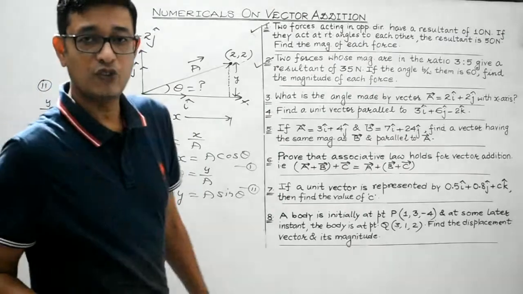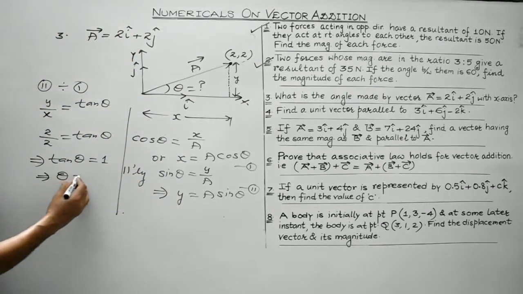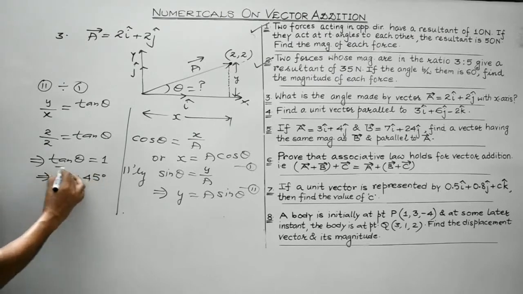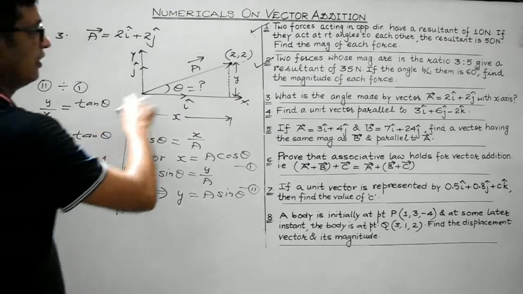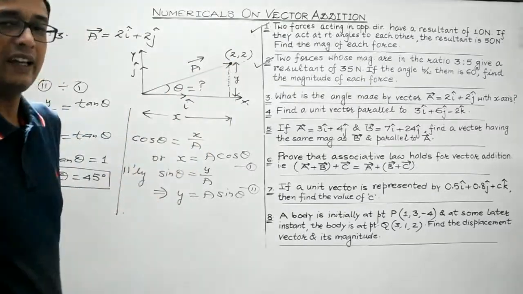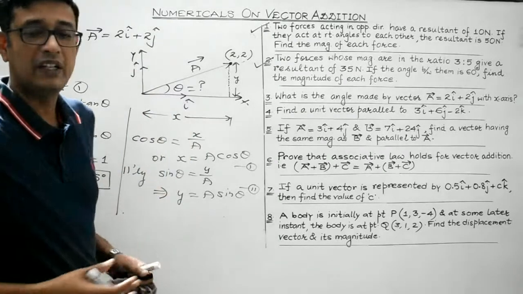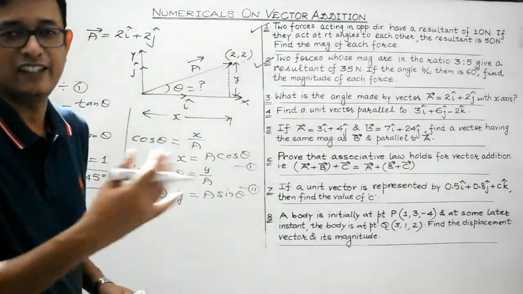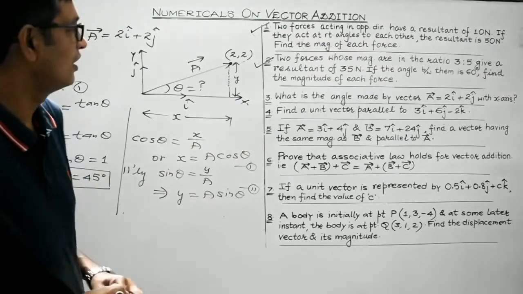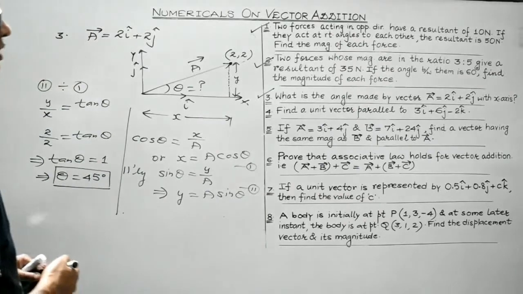Tan theta equals to 1, which further suggests that theta must be 45 degrees. So students, the angle which this A vector makes with the x-axis must be 45 degrees. The same question could have been done using dot or the scalar product, which we'll be discussing in the later section. Right, students? So, we are over with question number 3 as well.